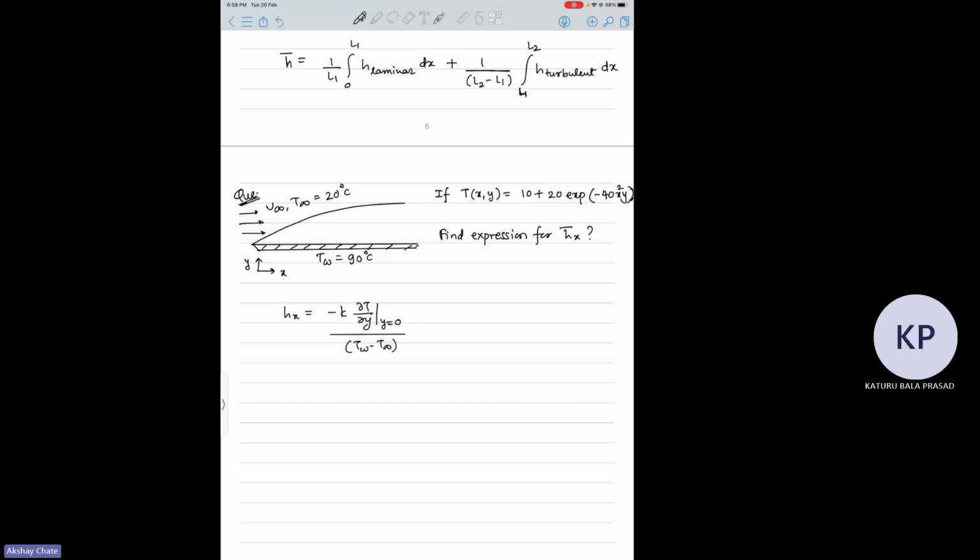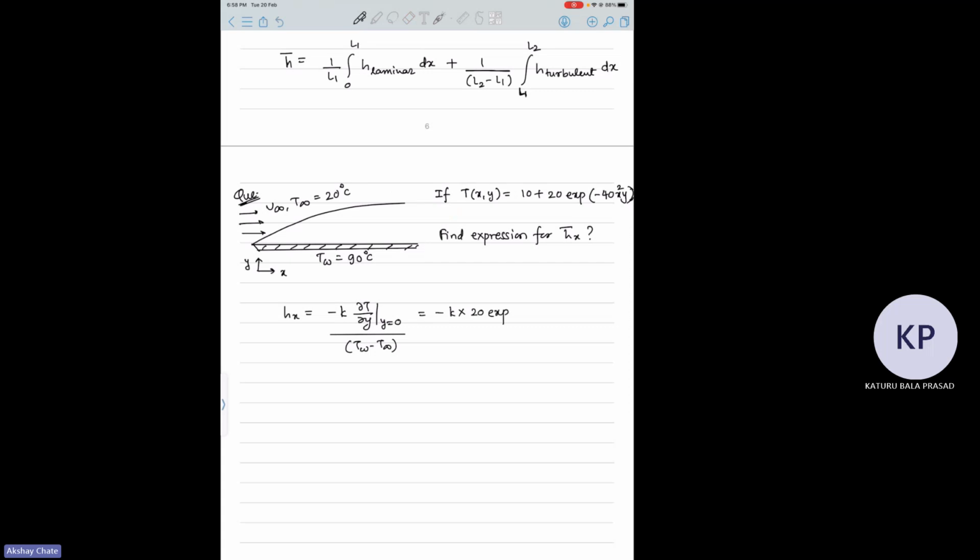Okay, so this will be minus k. Now we have to take dT by dy, so the constant will go away. It's an exponential function, right? So you have to differentiate carefully.